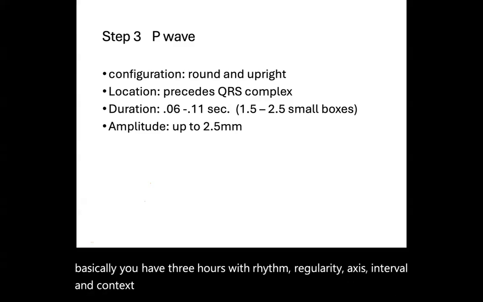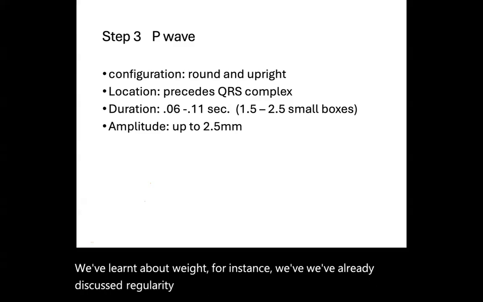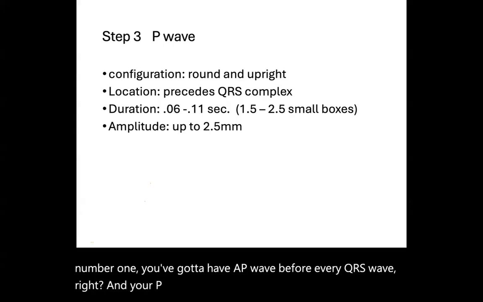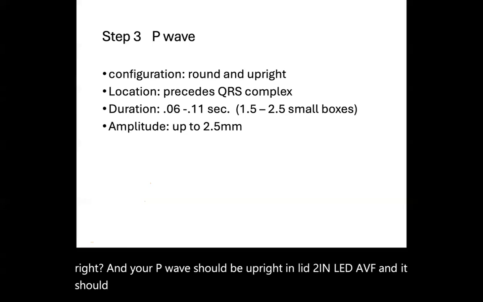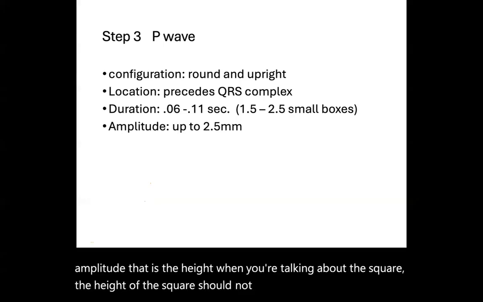And one big thing we've learned about rate, for instance. We've already discussed regularity. But for you to know that a rhythm is sinus, number one, you've got to have a P wave before every QRS wave. And your P wave should be upright in lead 2 and lead AVF, and it should be inverted in AVR. The amplitude of your P wave, that is the height, should not be more than 2.5 millimeters.